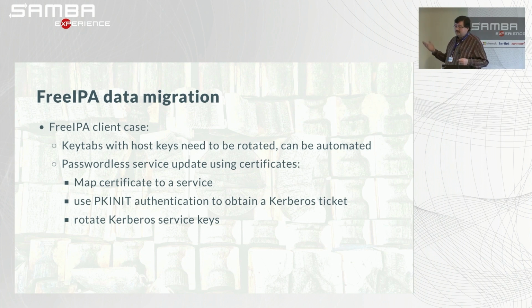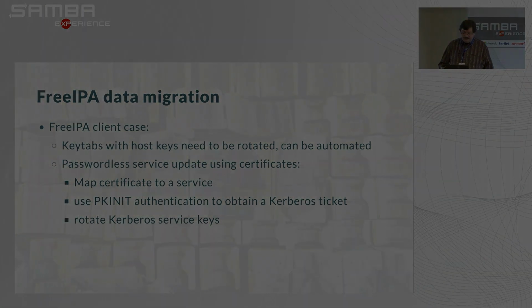So either you're an admin and need to apply admin permissions to do this rotation, or IPA has this mechanism to authenticate with PKINIT, and PKINIT can be flexibly mapped to any account, including the services. So you can use some certificate mapped to this service account to present as if you're a service without the encrypted key, and then regenerate a key for yourself. So this is also possible, to rotate all of this.